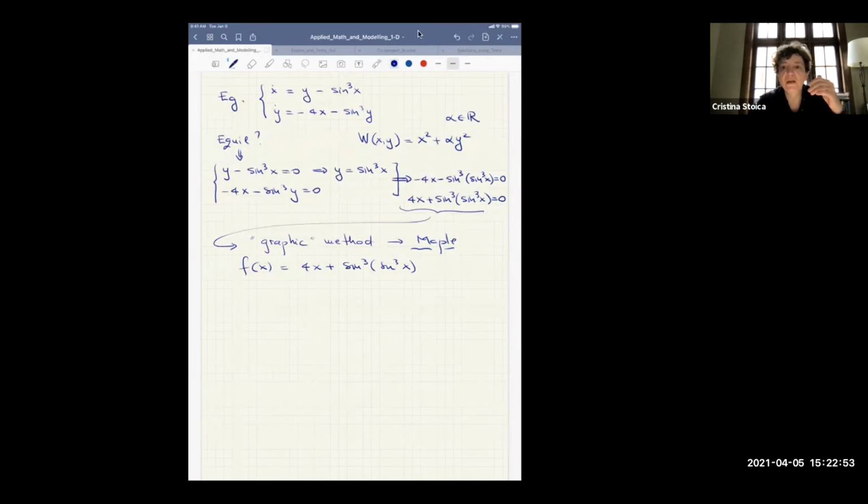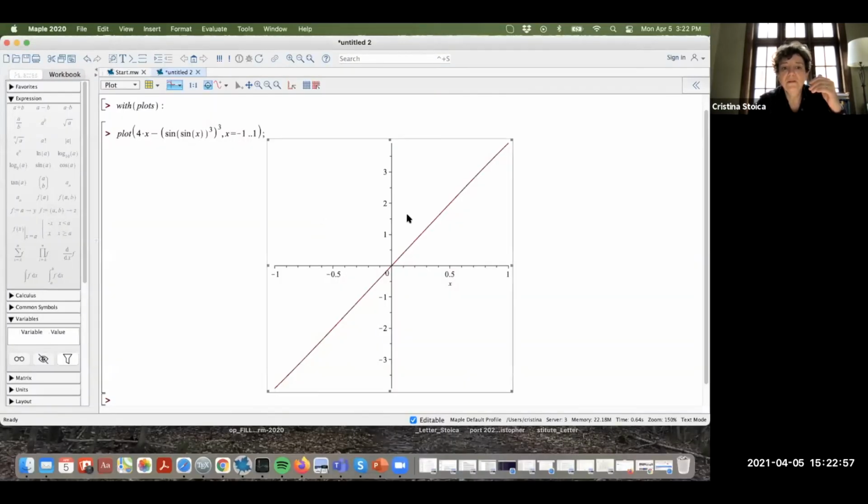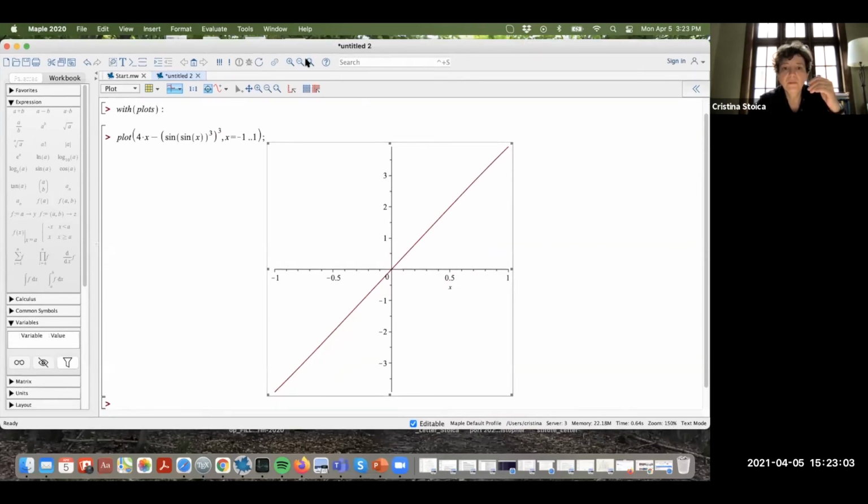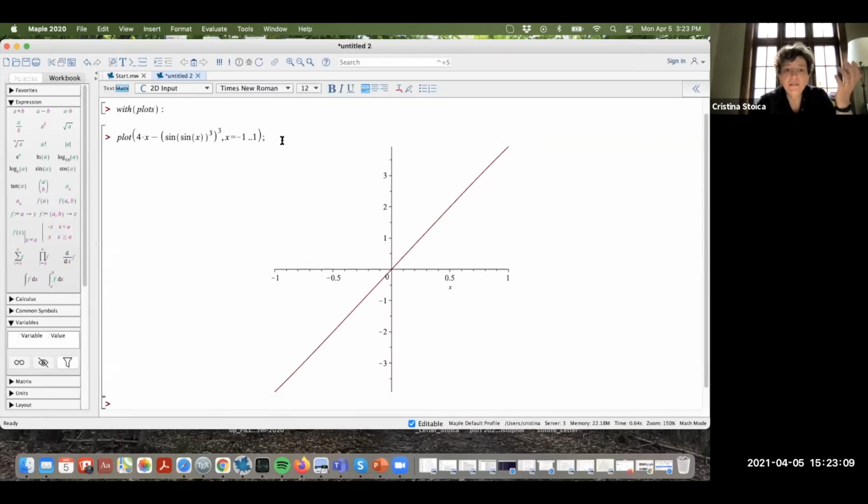Okay, so here I did that. The 0, 0 solution, x equals 0, that we kind of... you see my screen? Yeah? Okay. So I just plotted this function. Let's do it with plus.